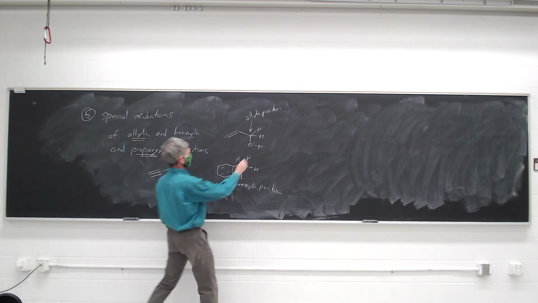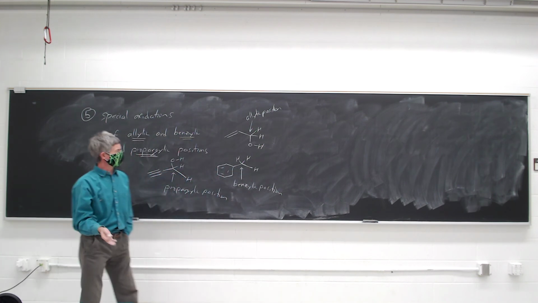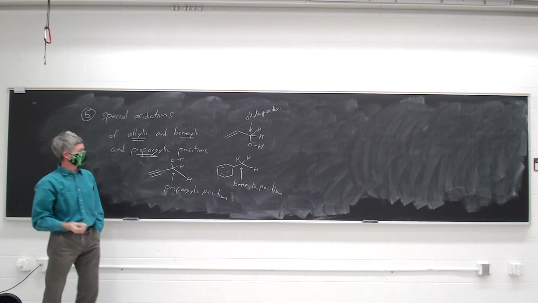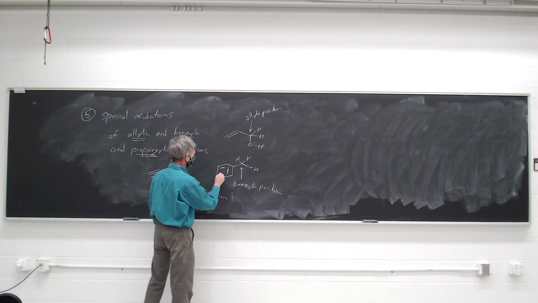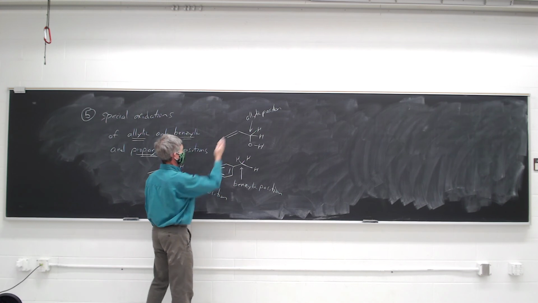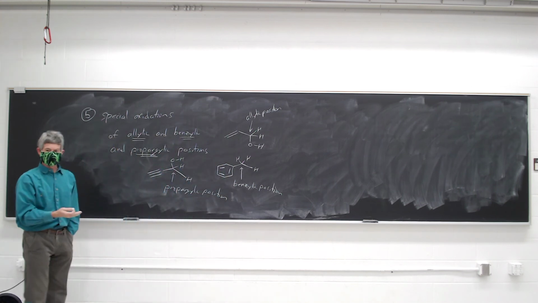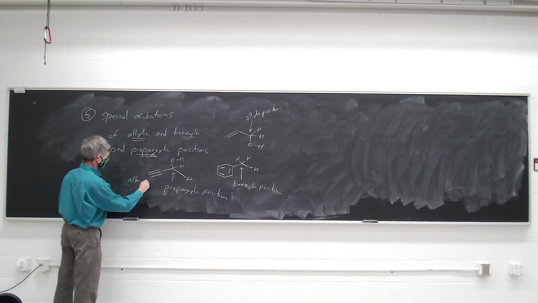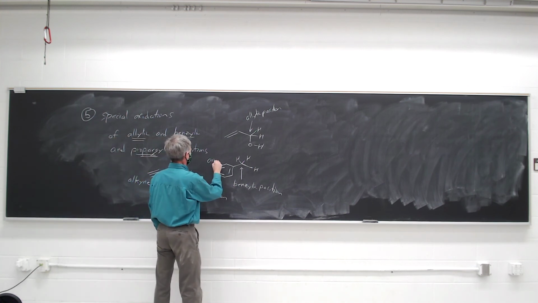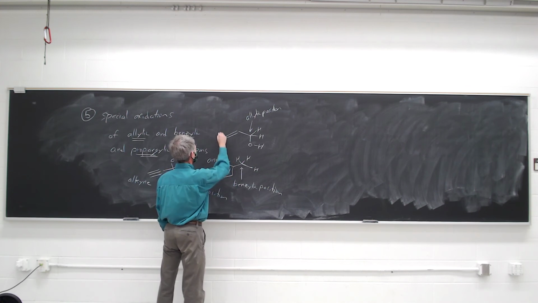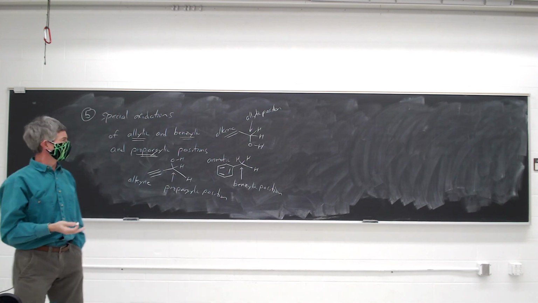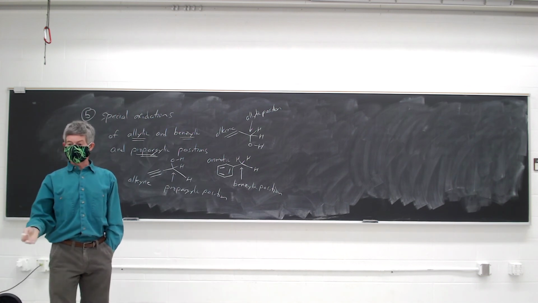So in all cases, you're talking about a position near a carbon-carbon pi bond. It's allylic if it's near just an alkene, benzylic if it's next to an aromatic, and propargylic if it's next to an alkyne. Being adjacent to a pi bond like that renders you more easily oxidized.